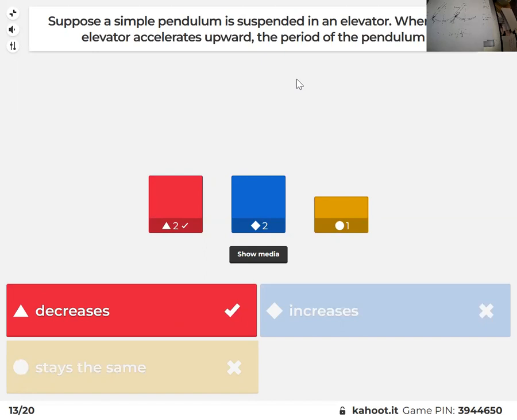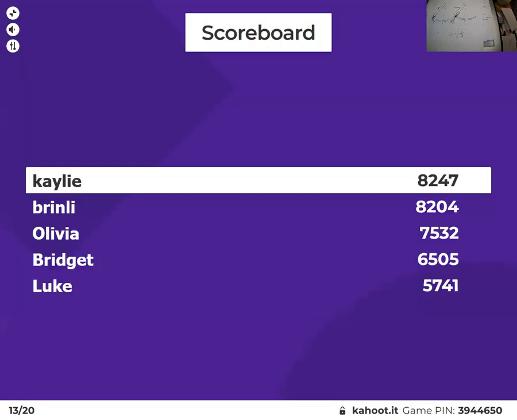So remember, if you're accelerating upward, think what that would feel like if you were inside the elevator. Wouldn't you feel really heavy, kind of like there was increased gravity? If there's increased gravity, take a look at this poster right here, time period of a pendulum, 2 pi times the square root of L over g. Well, it's like you're dividing by a greater denominator. That would decrease the time period, wouldn't it? That's to say the pendulum's going to swing back and forth really fast. So that was a starter question earlier today. There's a question on your guys' quiz. There you go.